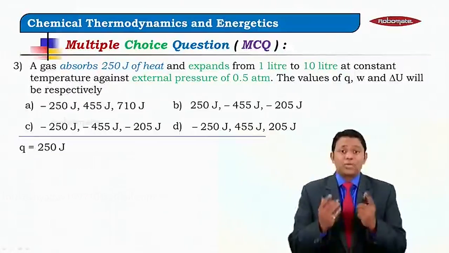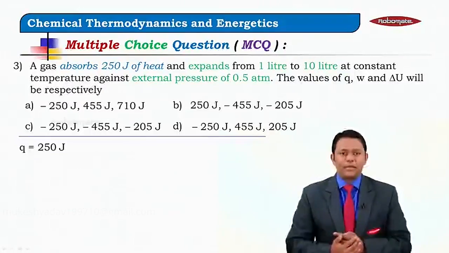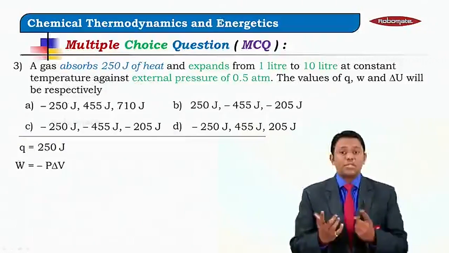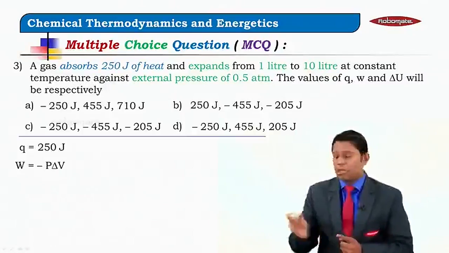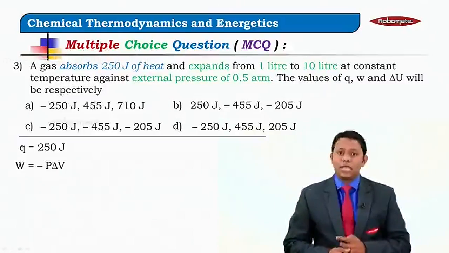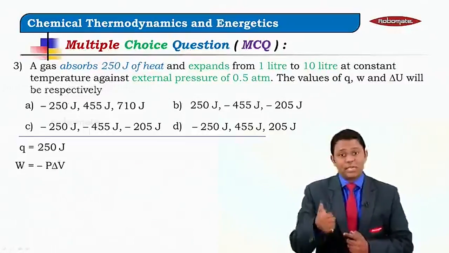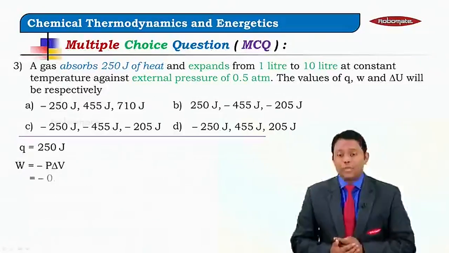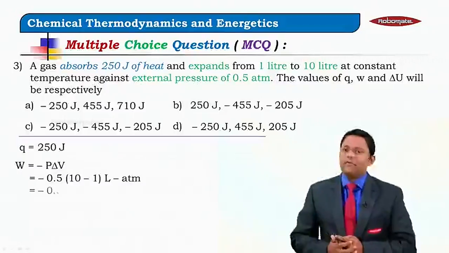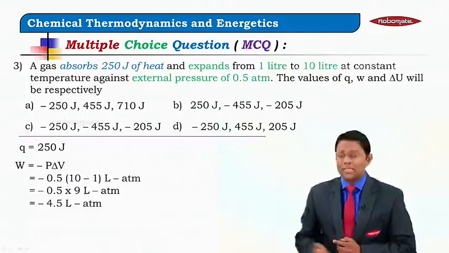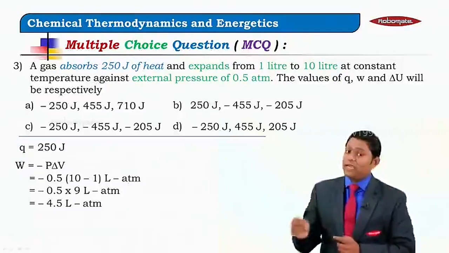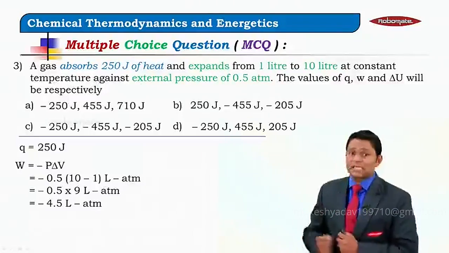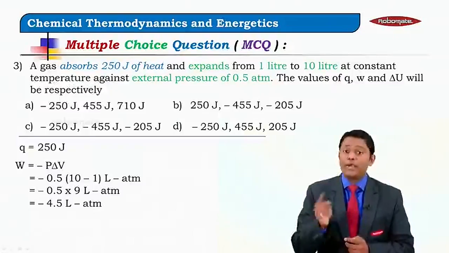To calculate W, that's the second parameter, we have a formula of W as minus P delta V. Now since the question doesn't mention isothermal and reversible, we have to stick to this equation. Now the pressure unit is atmospheres and the volume unit is liters. So substituting those terms directly, we'll get the work done as minus 4.5 liter atmospheres. But check the units, students. None of the units says liter atmosphere. So we have to convert into joules.